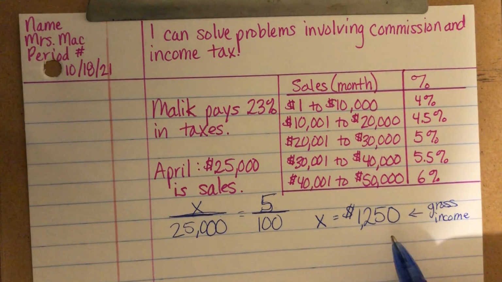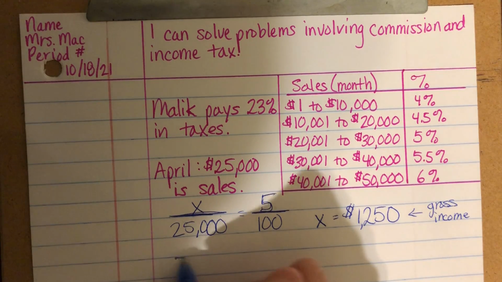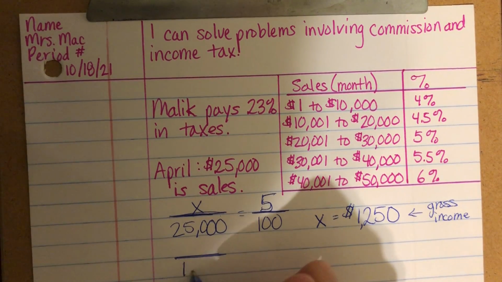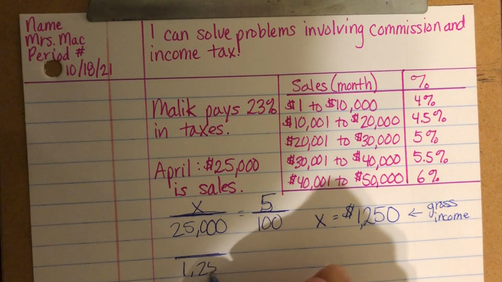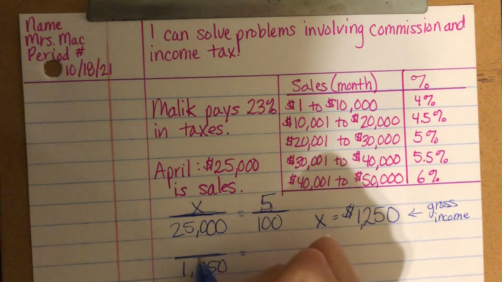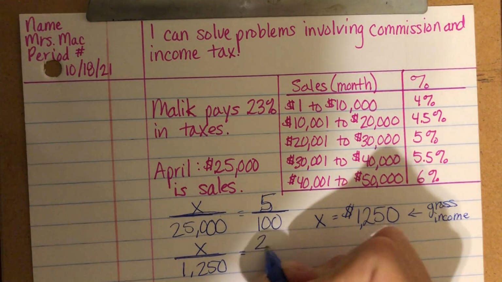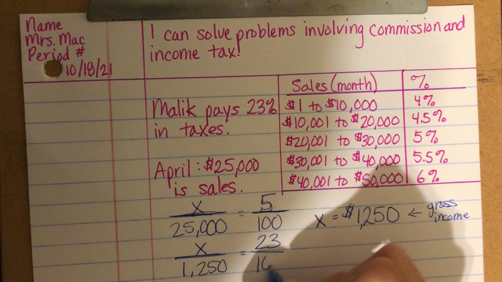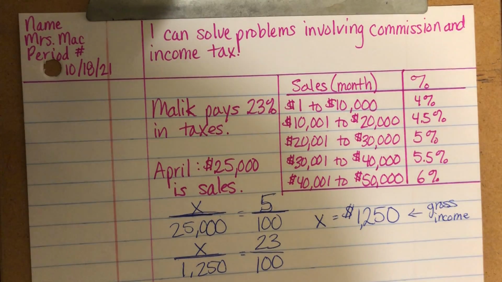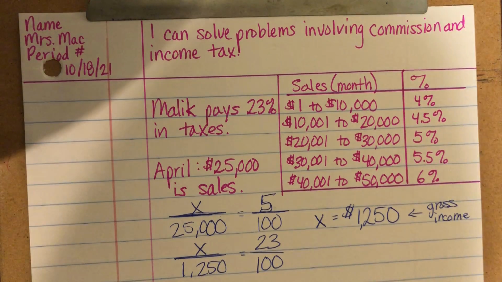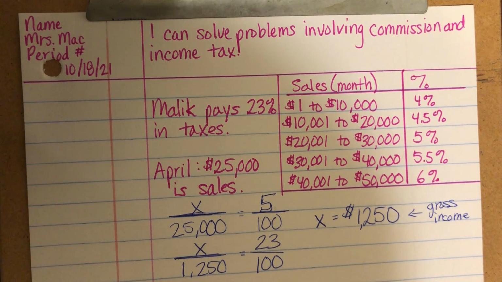Now we need to take out the taxes. So I'm going to take her gross income now. Her tax rate is 23%. Okay, so in my calculator, I'm doing 1,250 times 23 divided by 100.